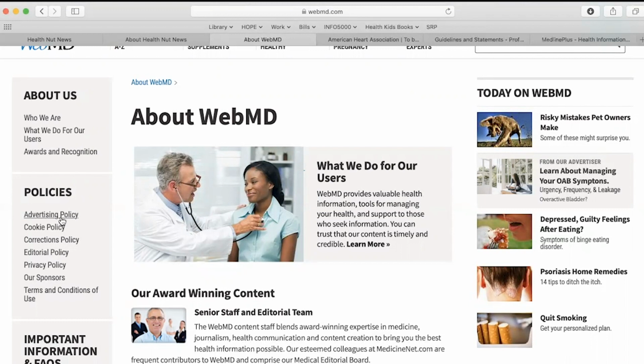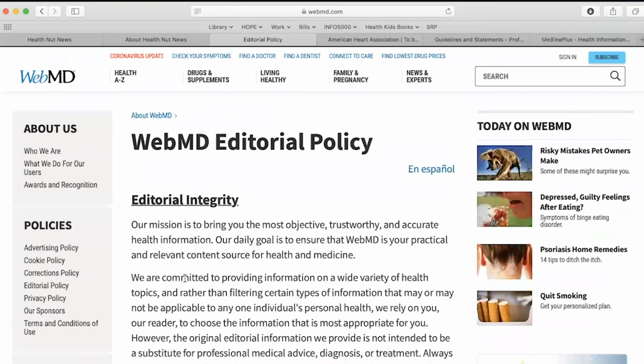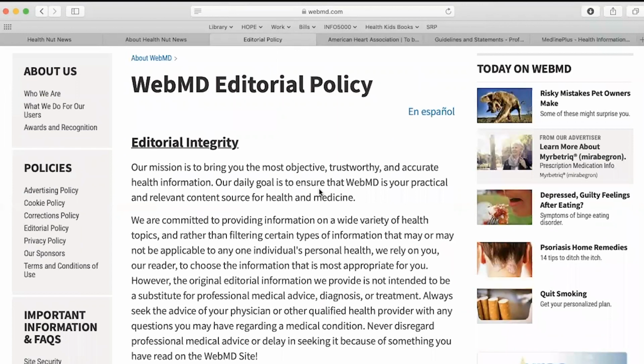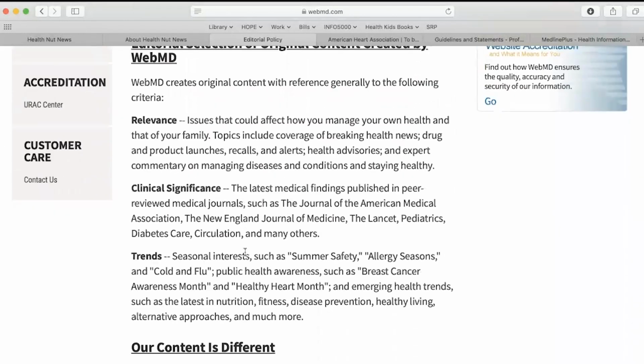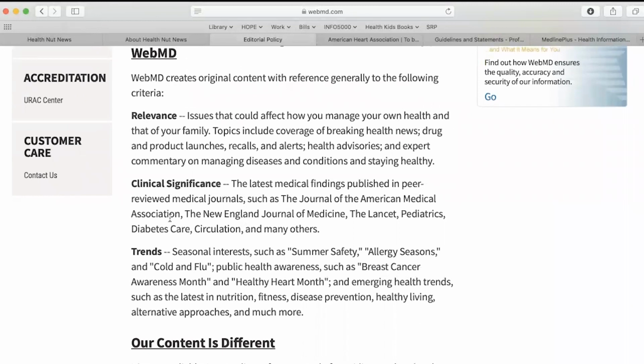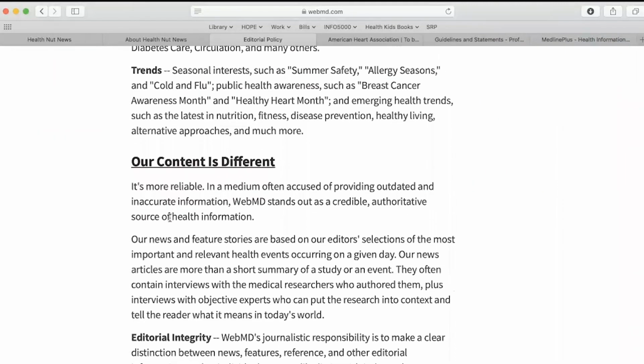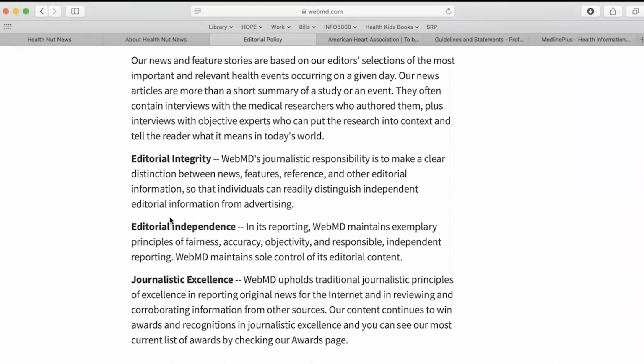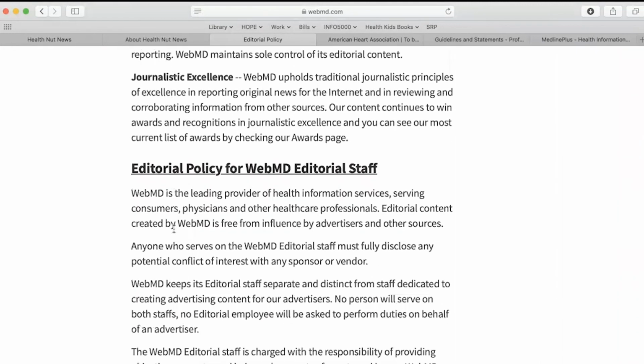So they do have that advertising and policy area. Editorially, they have the mission to be objective, truthful and accurate, which is great. And you can see they're also looking for relevance and thinking about their integrity.